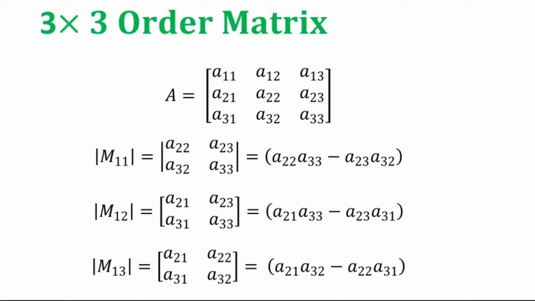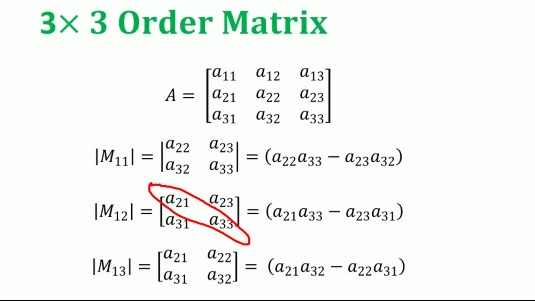The second minor, M12, corresponds to the element A12. We find the minor by crossing out the row and column corresponding to A12. What remains is a 2 by 2 matrix, A21, A23, A31, A33.